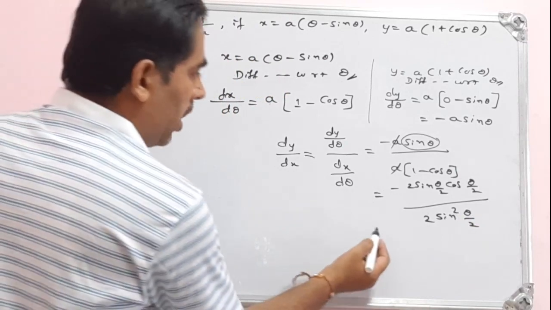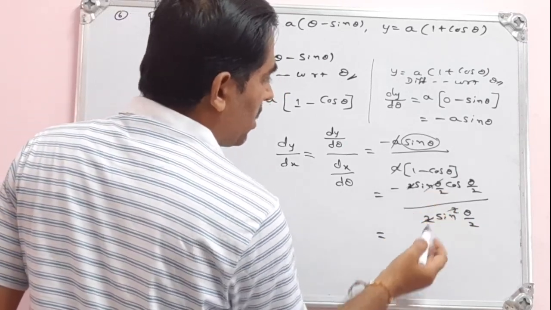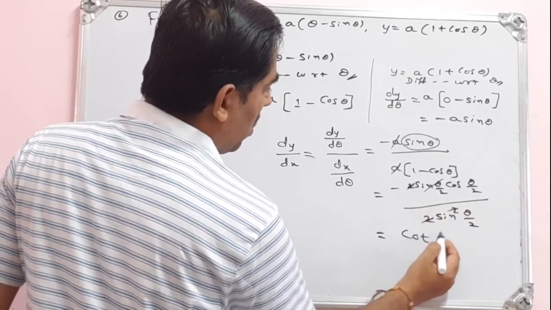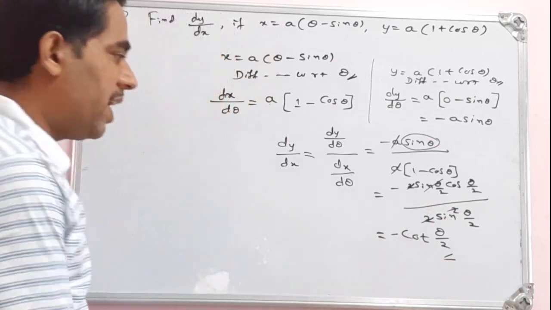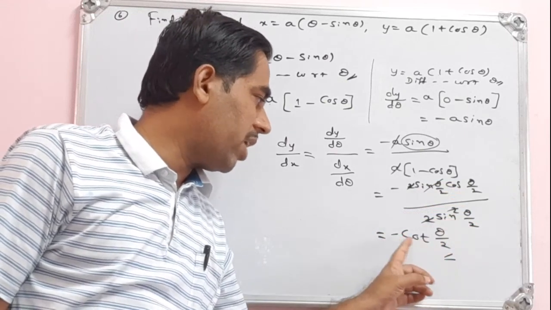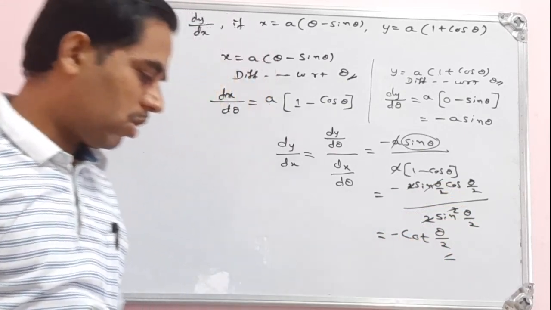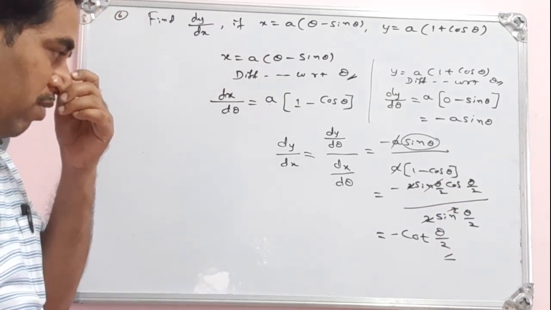Then the 2 gets cancelled and one sin theta by 2 gets cancelled. So cos theta by 2 divided by sin theta by 2, cos by sin, is cot. The minus sign is there, so minus cot theta by 2. That will be the derivative of the given function.